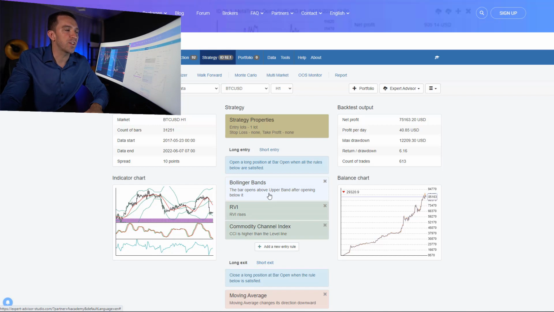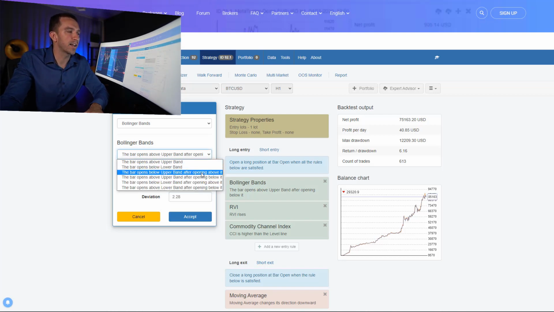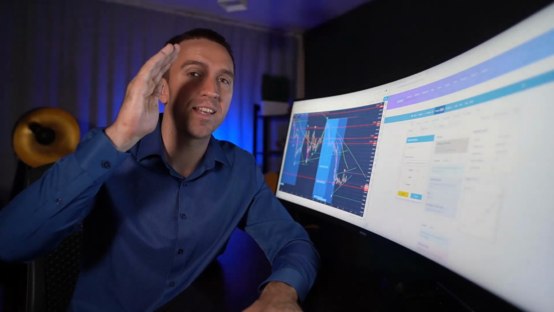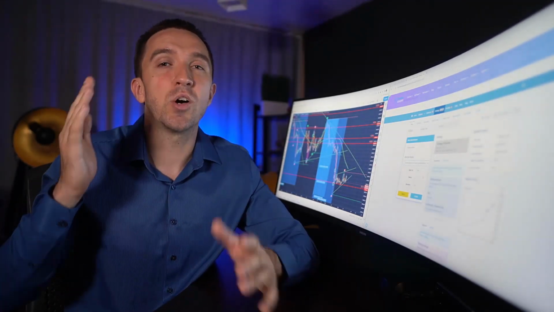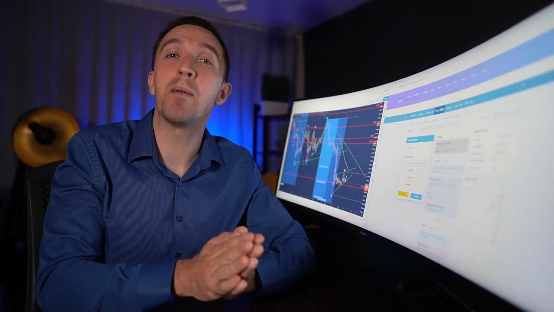The first entry indicator is the Bollinger Bands, and if I tap on it, you will see that I'm using a period of 31 and a deviation of 228, and the entry rule is that we need to see the bar open above the upper band after opening below it. So we need to see the price going above the upper band of the Bollinger Bands, and on the opening of the bar we take a long position, or we buy.